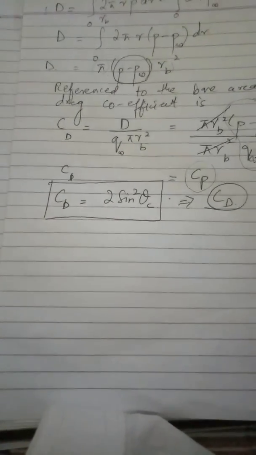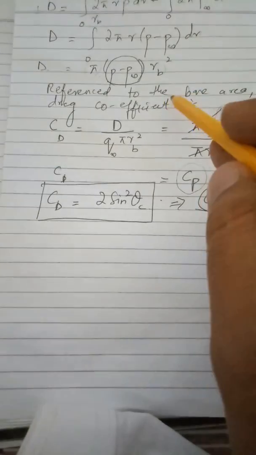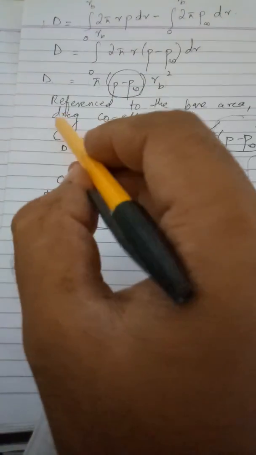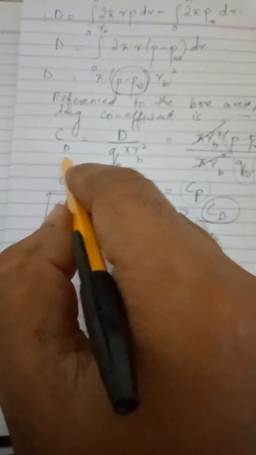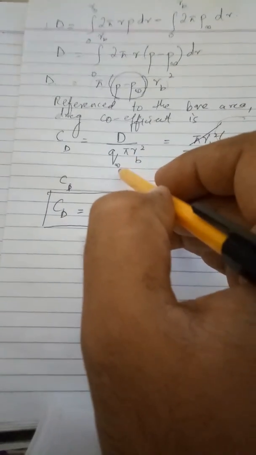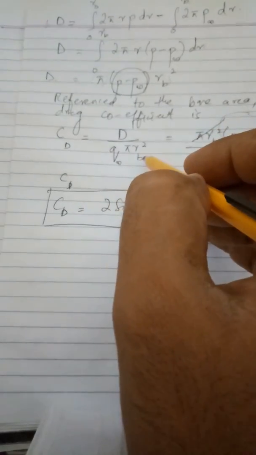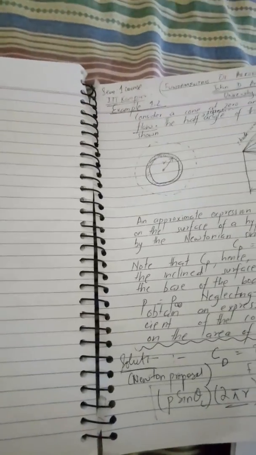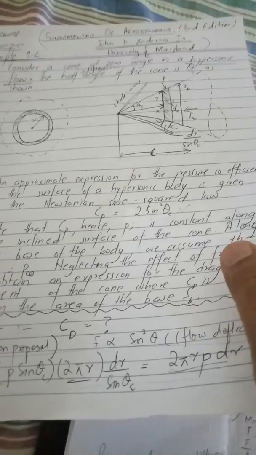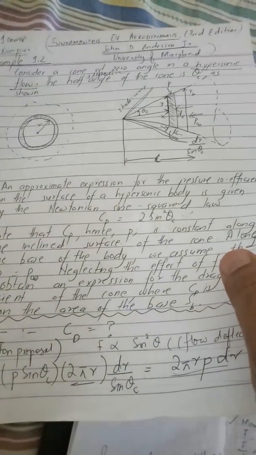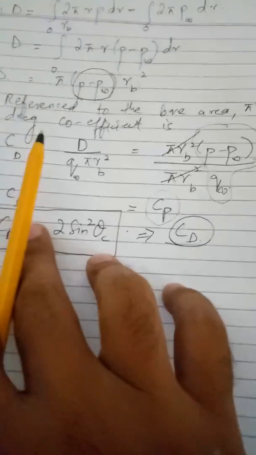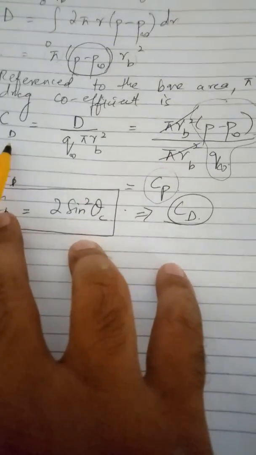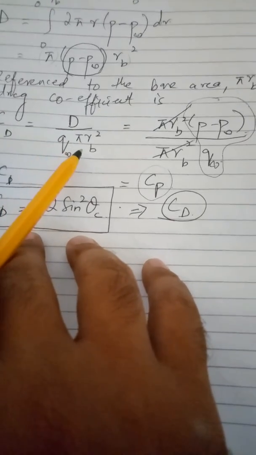Okay, so this part you need to remember: CD is equal to drag over Q naught pi R_B squared, and Q over here is normally like this, so you can easily see how it has been taken, and we're going to apply it.